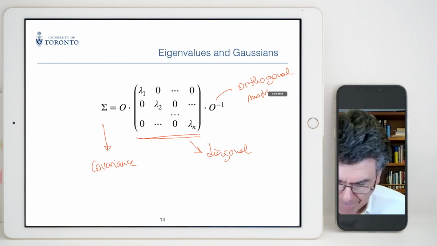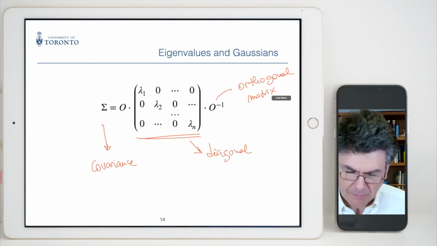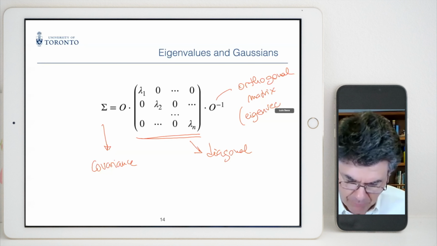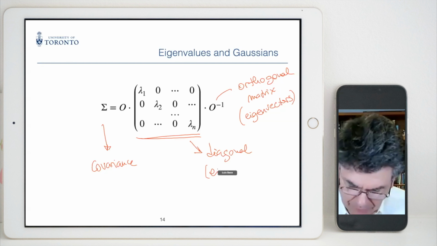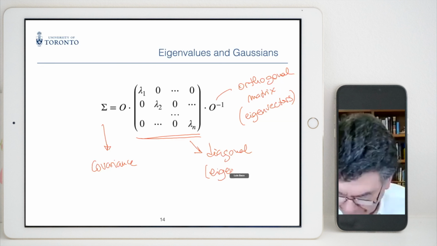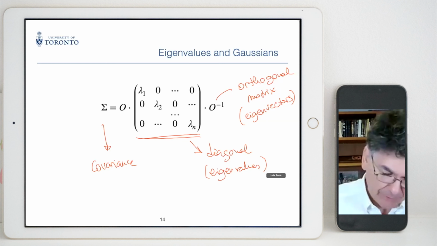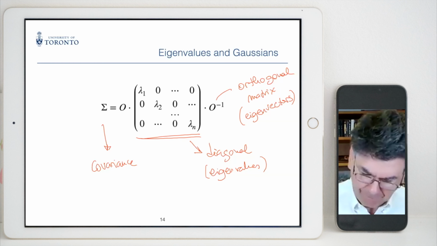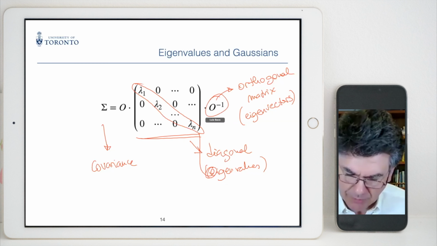This is the matrix of the eigenvectors, sorry, and this is the matrix of the eigenvalues. So the diagonal has the eigenvalues right there, and the eigenvectors are what make this orthogonal matrix.